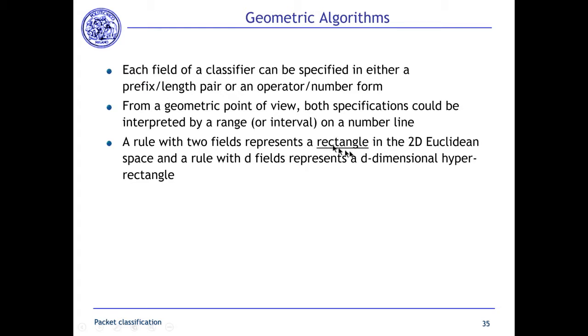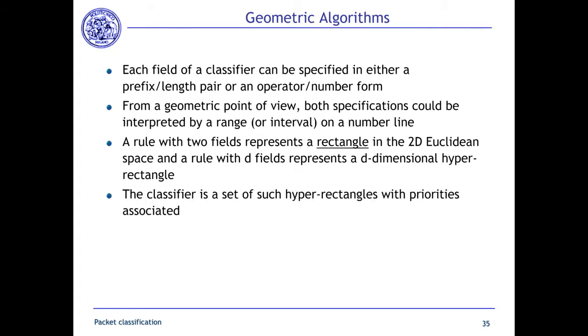In this case, you have two axes, so you can define a Euclidean space with two dimensions, and therefore you can represent a rule as a rectangle in this Euclidean space. When you have a set of rules, it means that you are specifying a set of hyperrectangles. Each one is associated to a priority because all the rules are prioritized.